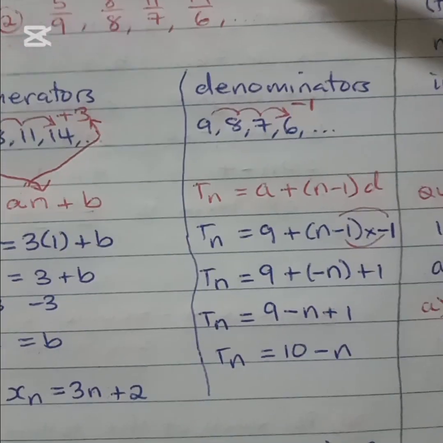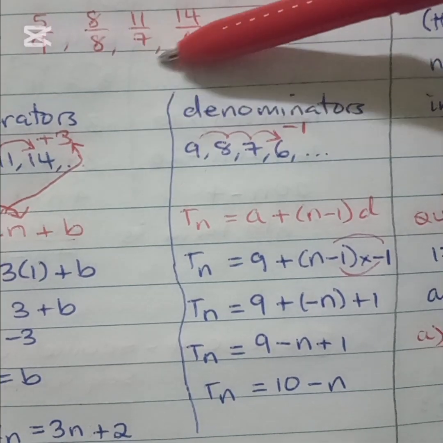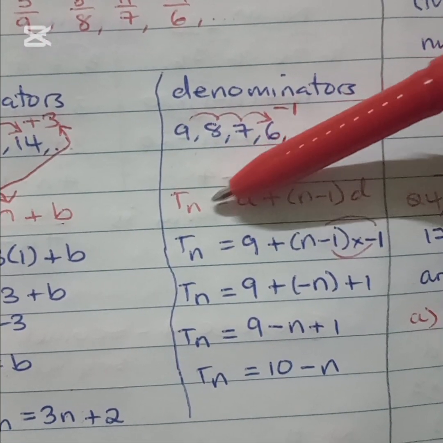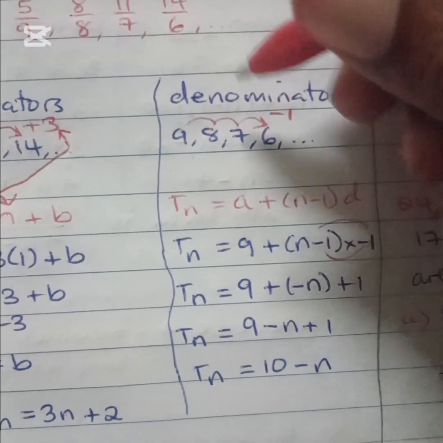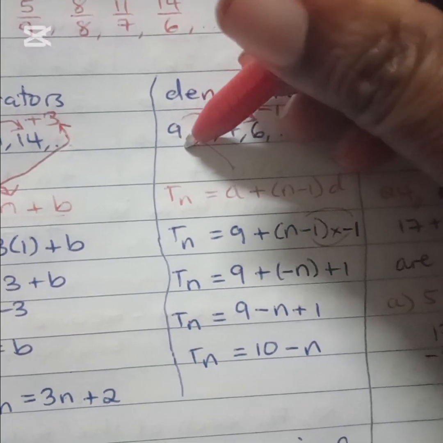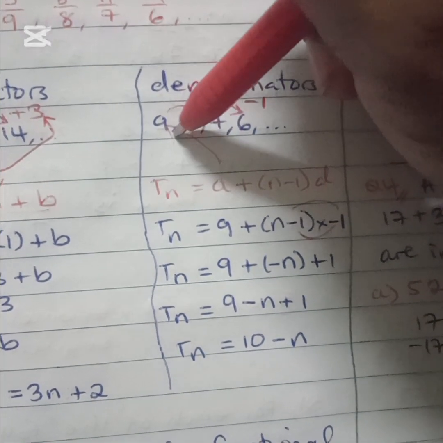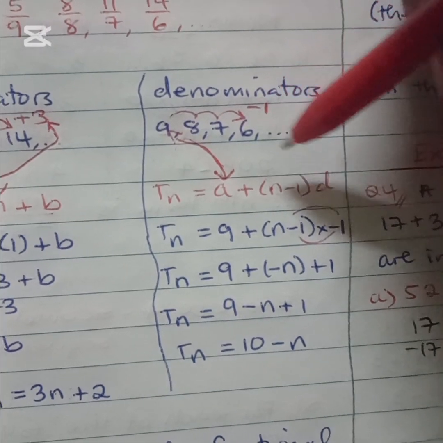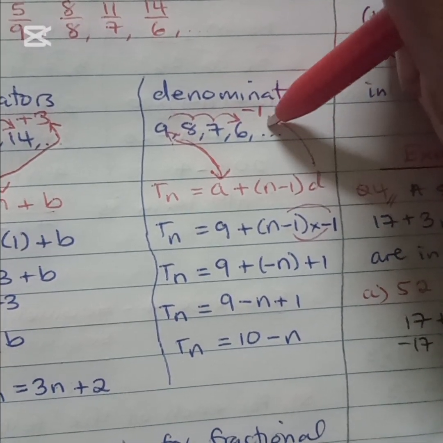Now let's do the same for the denominator. The denominators are 9, 8, 7 and 6, and we are using this tn method where a is the first term in the sequence and d is the common difference.